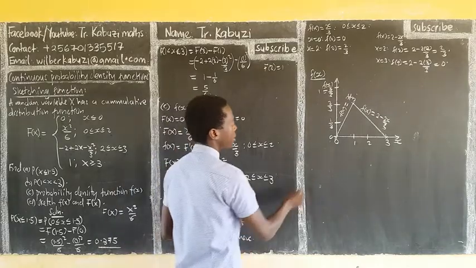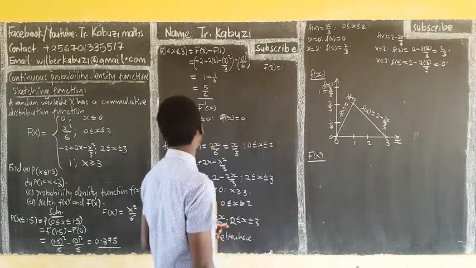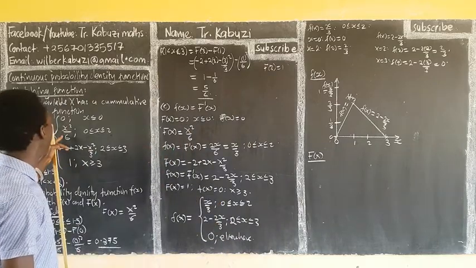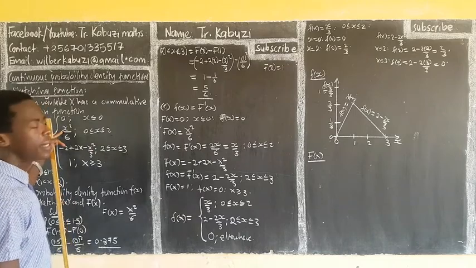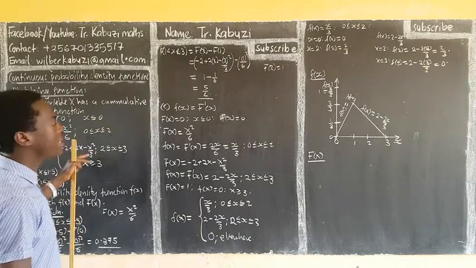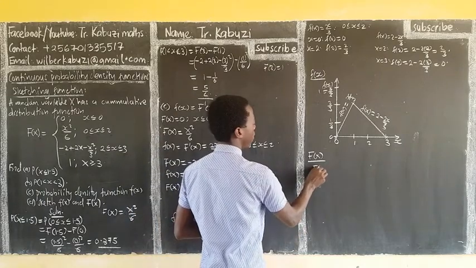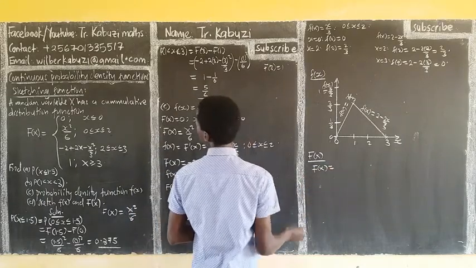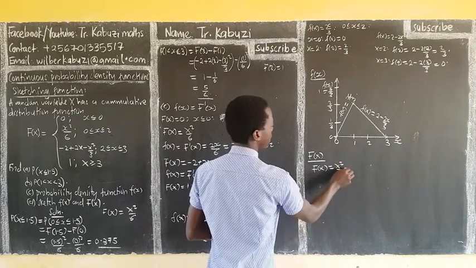When you come now to capital F of x, we have two curves. This one is a curve with a positive coefficient, and this one is a curve with a negative coefficient. My capital F of x first is equal to x squared over 6.